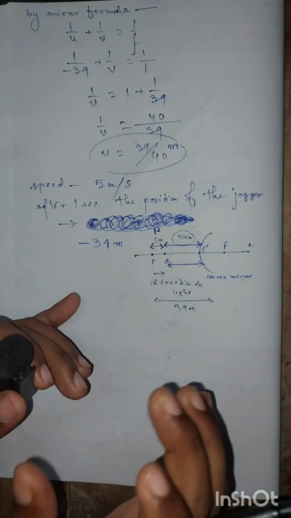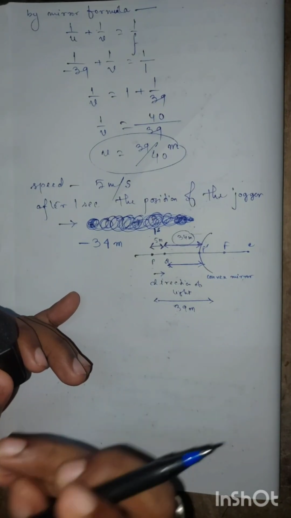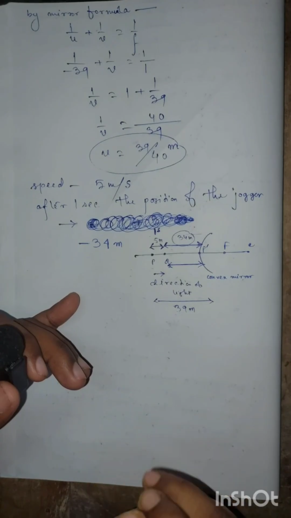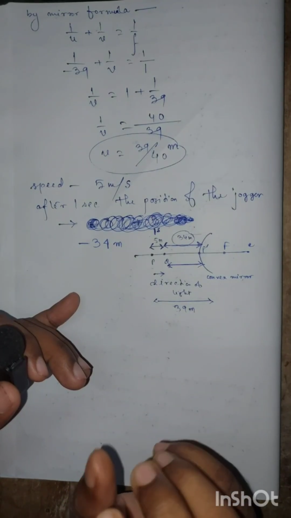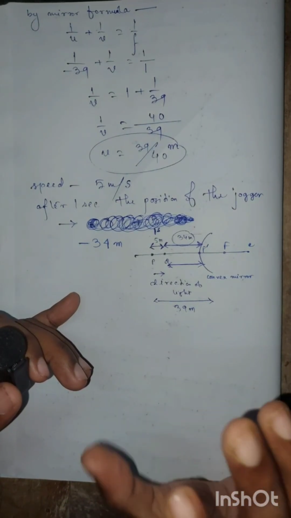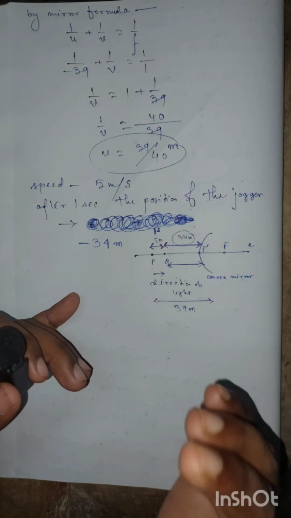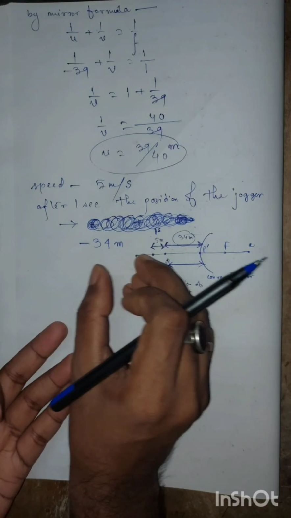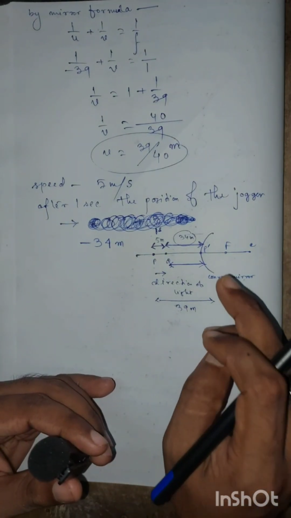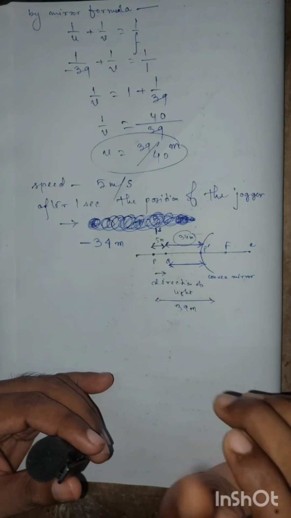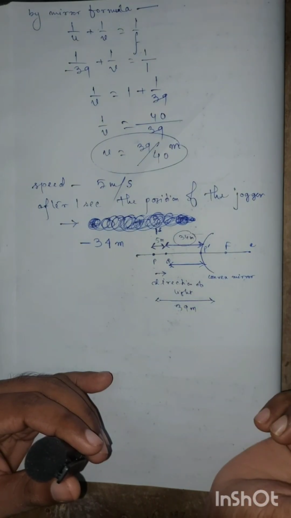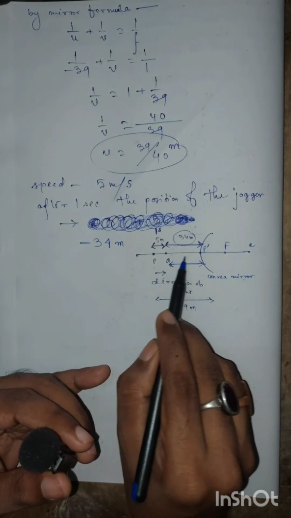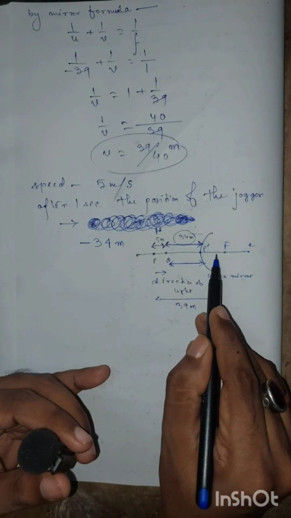So when we are moving an object towards a convex mirror, the image size increases and the image moves towards the pole. And when we move an object away from the convex mirror, the image size decreases and it moves towards the focus. So now in this case, we are going towards the mirror. That means the image is actually approaching the pole.